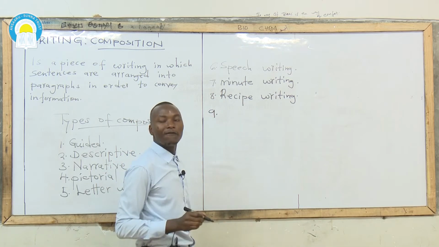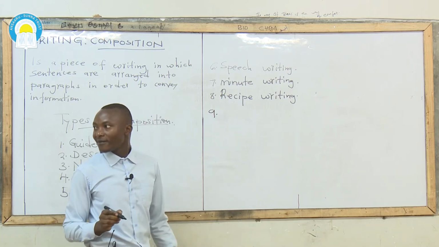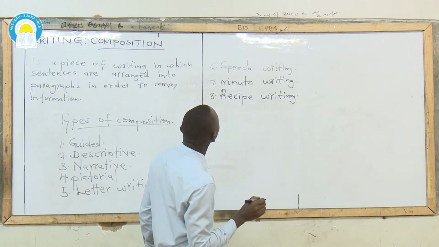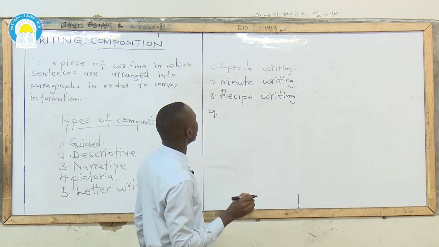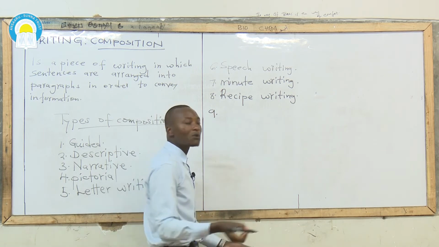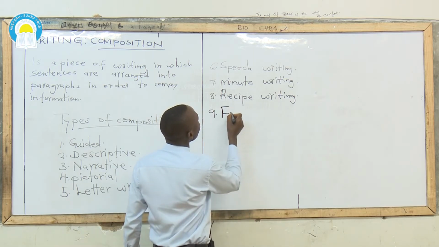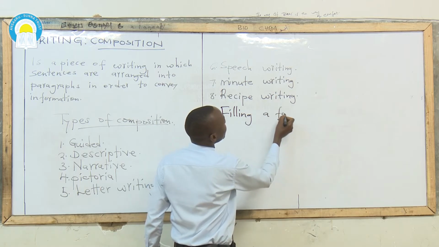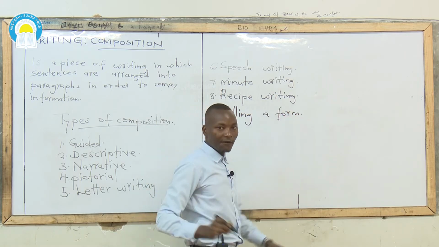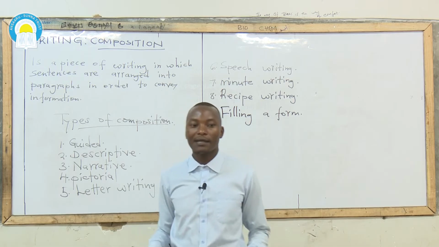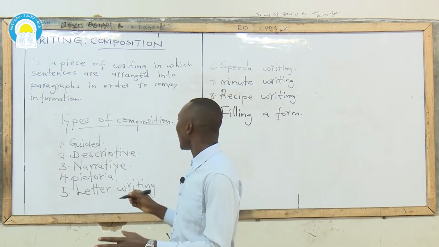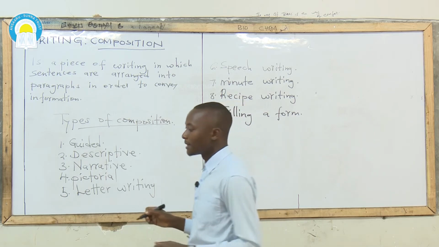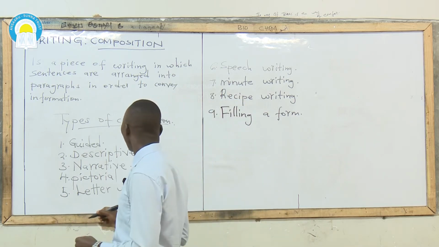I have talked about speech writing, minute writing, recipe writing, then finally we can talk about filling a form. These are just a few examples of compositions that are learned in primary school, most especially in the senior upper classes 6, 7, and 8.